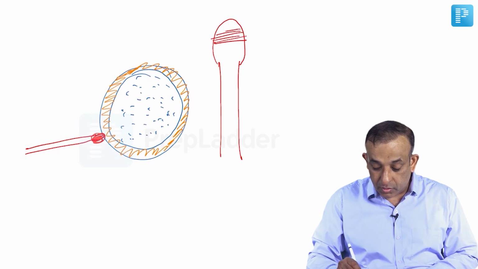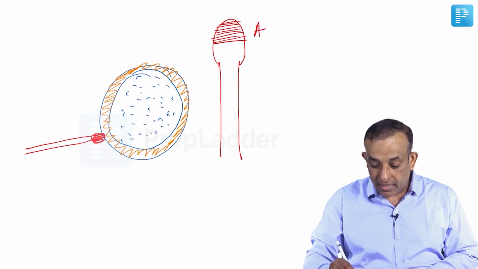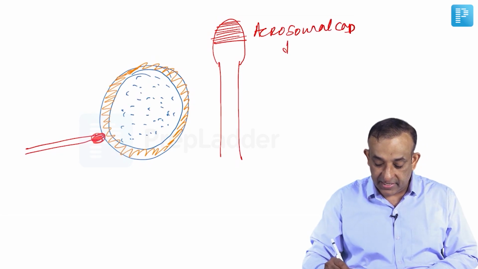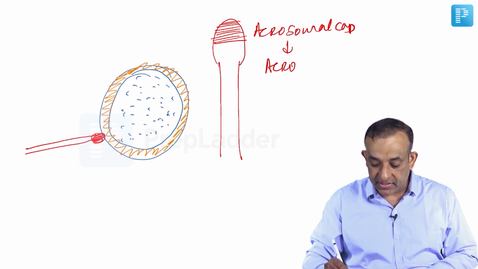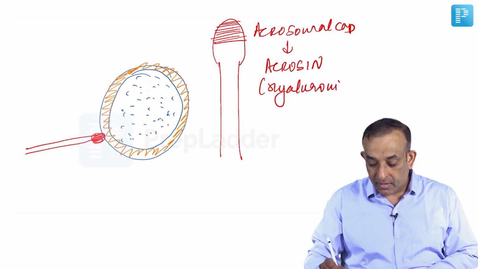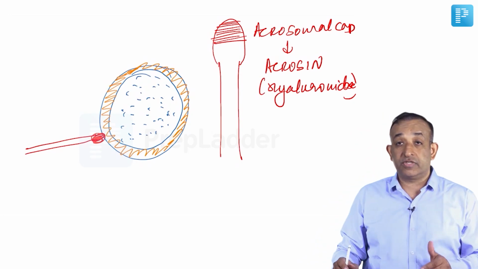The acrosomal cap should rupture and release acrosin, and that is a hyaluronidase. It's a hyaluronidase kind of enzyme, this acrosin.